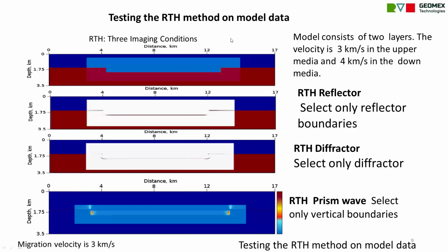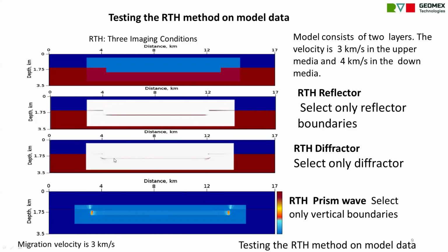The first testing model concerns reflection and diffraction. What is reflection, diffraction? Because we operate with amplitude and phase, we can design some filter by amplitude, by phase, and separate only, for example, only reflection.